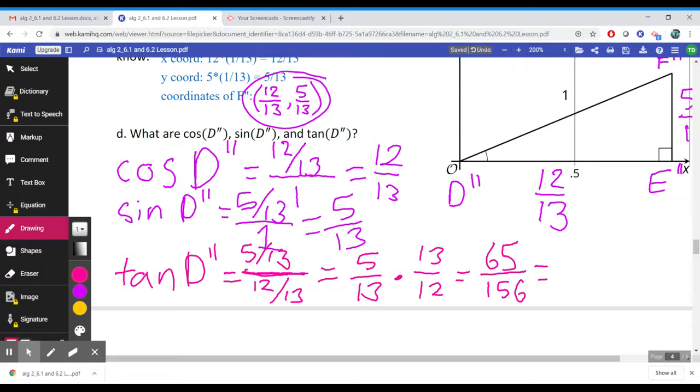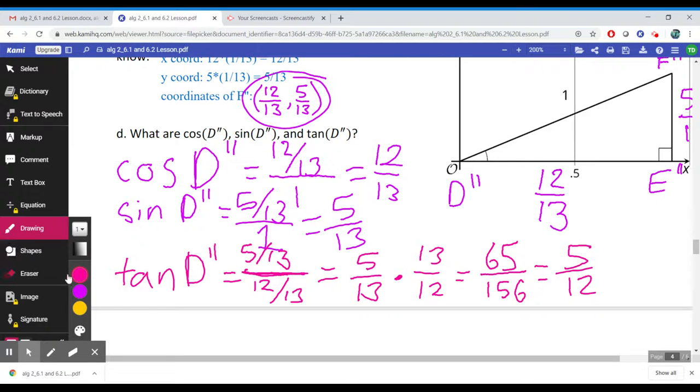And when we simplify that, we just get 5/12. I'm not 100% confident in my work here, so let me check it real quick. Yeah, this ends up being true because 13 divides into 65 5 times and 156 12 times. So we did it right.